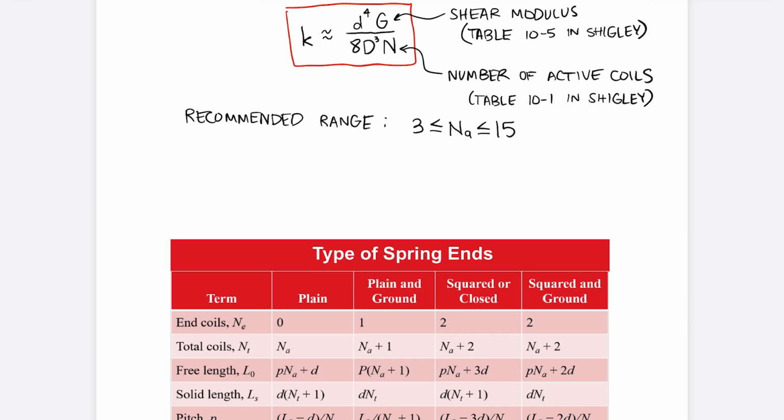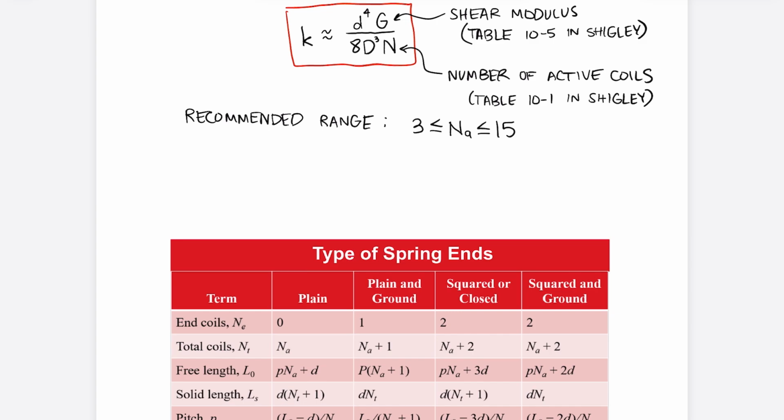So this table shows how the type of end of our spring changes the number of coils and the length and the pitch. So some geometric parameters of our spring.